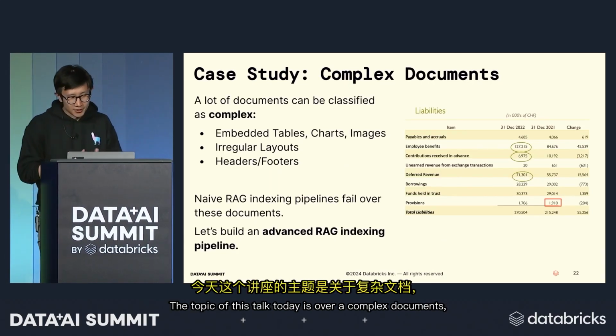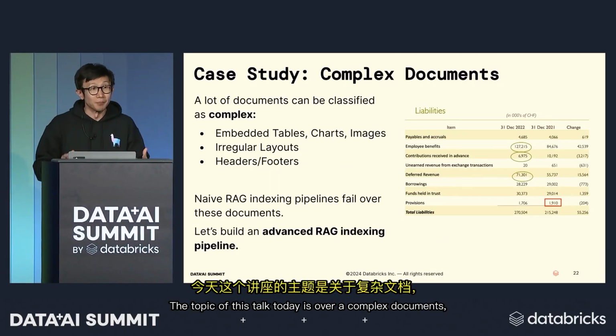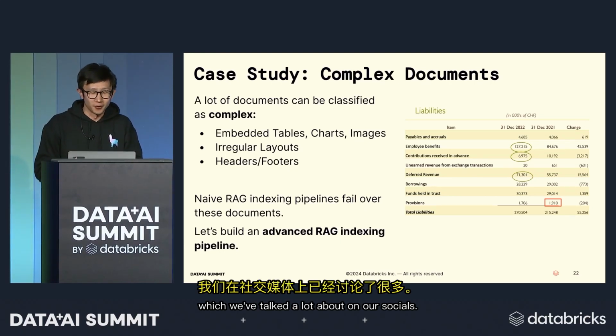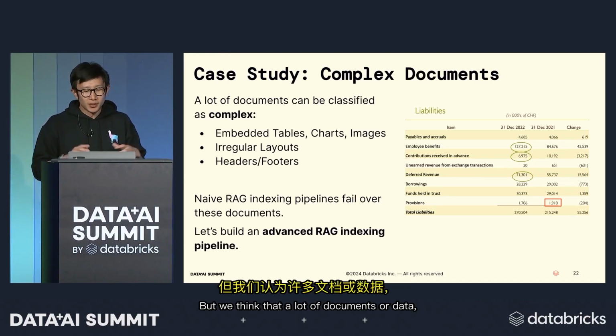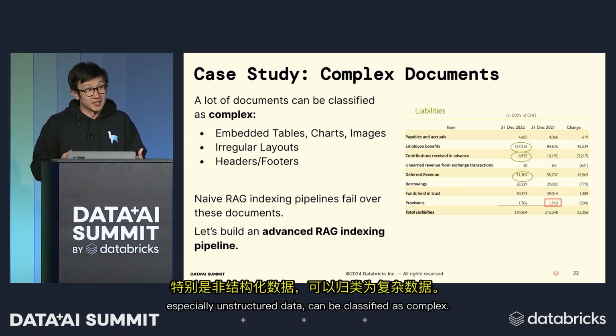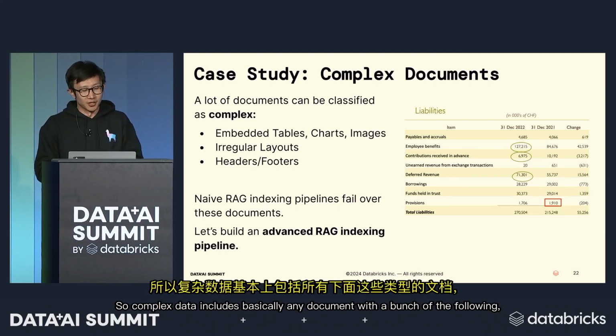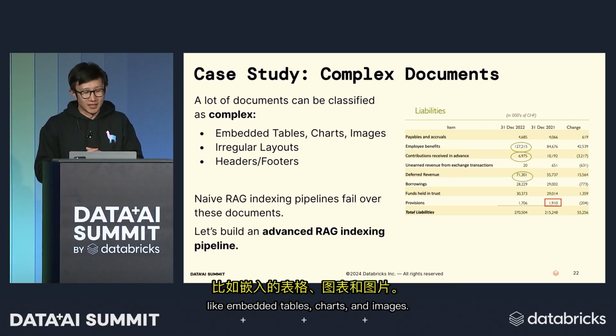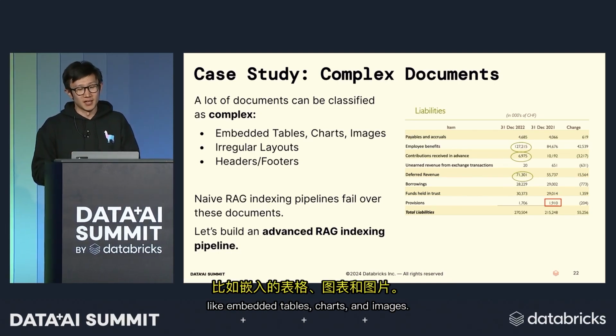The topic of this talk today is complex documents, which we've talked a lot about on our socials. But we think that a lot of documents or data, especially unstructured data, can be classified as complex. Complex data includes basically any document with embedded tables, charts, and images.